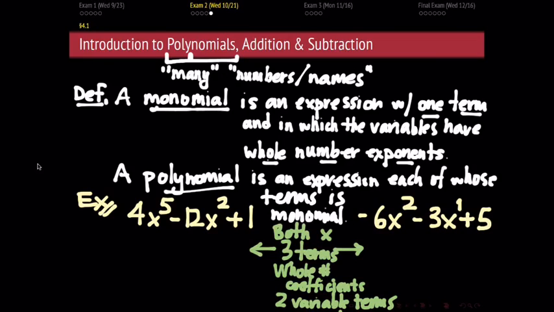Don't forget, if you have a plain old single variable by itself, it does have an exponent even if we don't write it. It has an exponent of 1. So if I put that 1 there, that takes away that difference. What else distinguishes these two polynomials from one another? Negative number where? At the beginning. Okay, so this negative 6 out in front is a negative coefficient, whereas over here the coefficient is positive. Okay, what else?